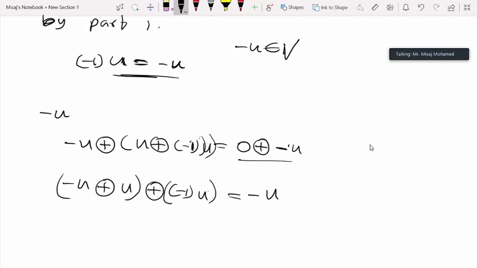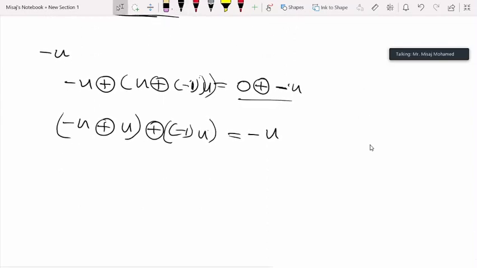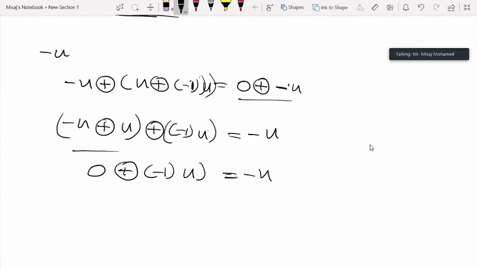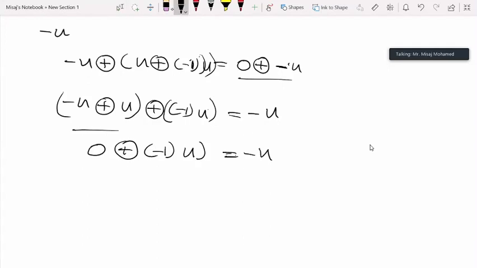After adding, this becomes 0 because of the additive inverse property, and the identity property is used here. So minus 1 into u is equal to minus u.